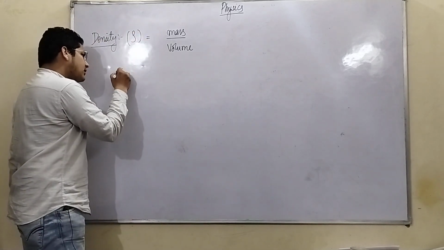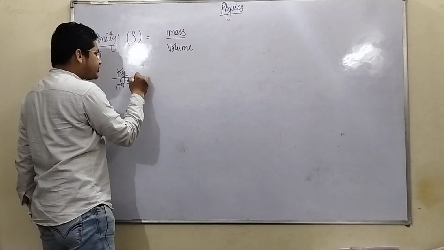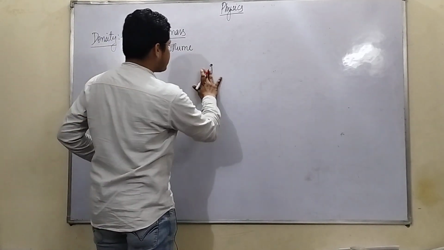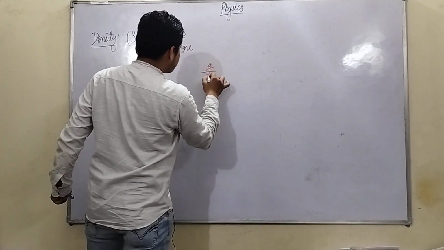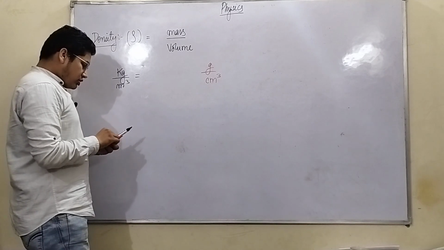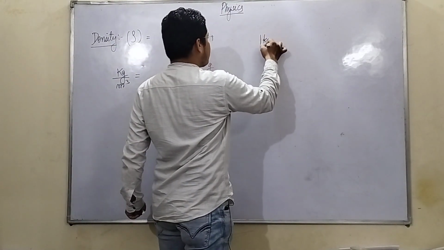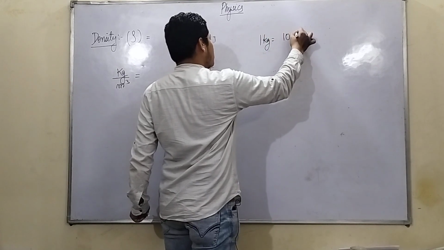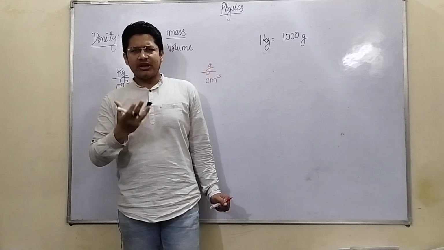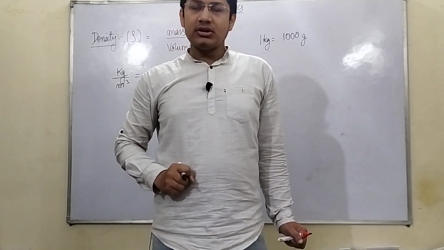Now beta, kilogram per meter cube, this we want to convert into gram per centimeter cube. For this, we already know that 1 kilogram is equal to 1000 gram. This is very common.